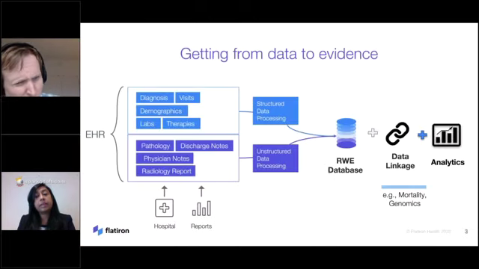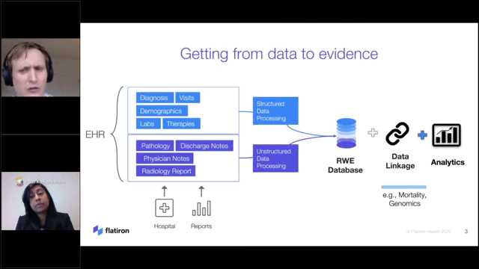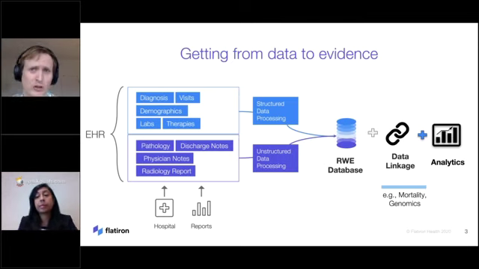Flatiron really has two sides to its business. First is a provider side that implements a cloud-based EHR for specialty cancer clinics, mainly smaller community sites around the country. We also have an academics integration platform that allows larger academic medical centers to share data with us and allow us to share data back with them as well, for both research and their own quality improvement.